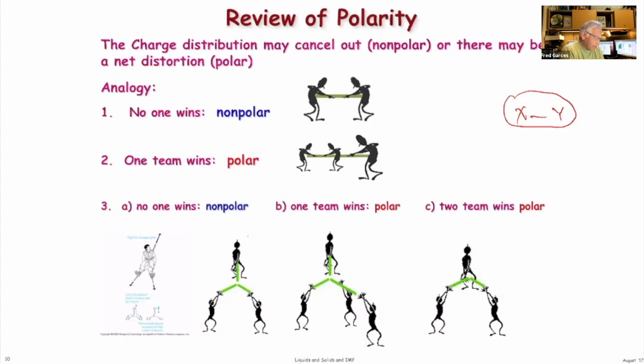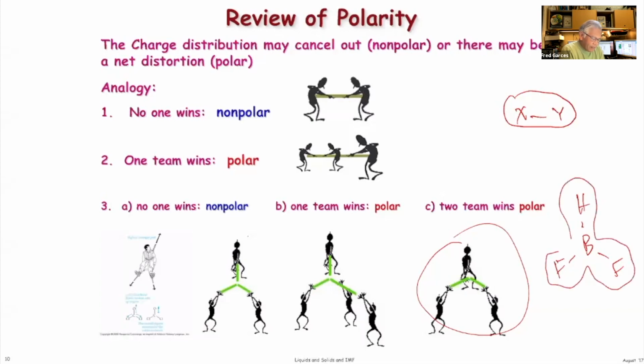But suppose you have a chemical like BHF2. There you recognize that the fluorines are more electronegative than the hydrogen, and so they draw the electron cloud away from the boron. Again, you get a polar situation.